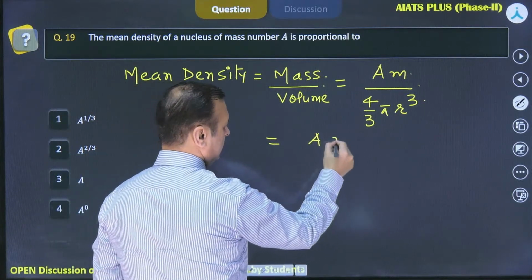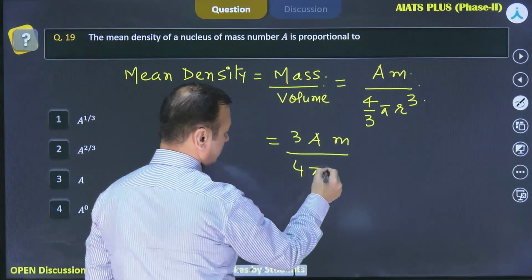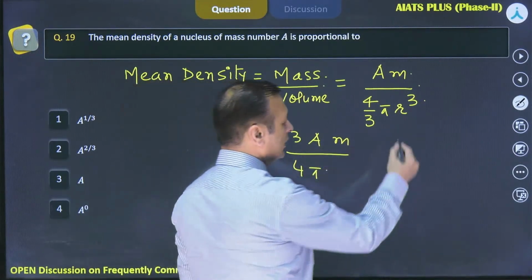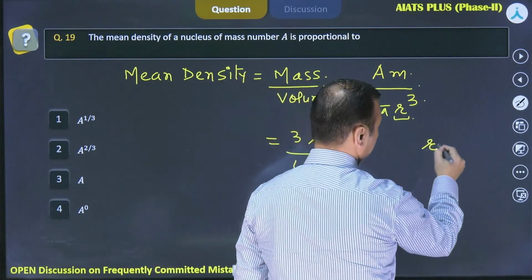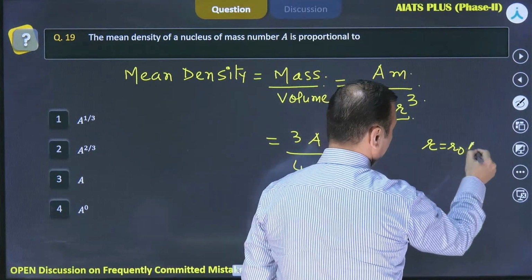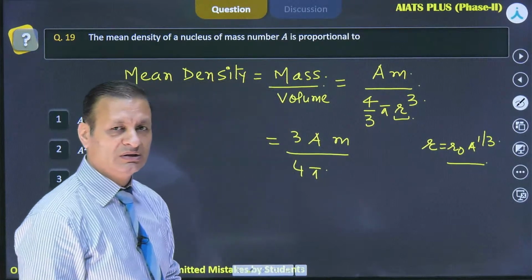So A is there, m is there, so we'll take 3 on the upper side, 4 pi. Important point, how the radius size varies. So r is basically r naught A power 1 by 3. This is how the size varies.